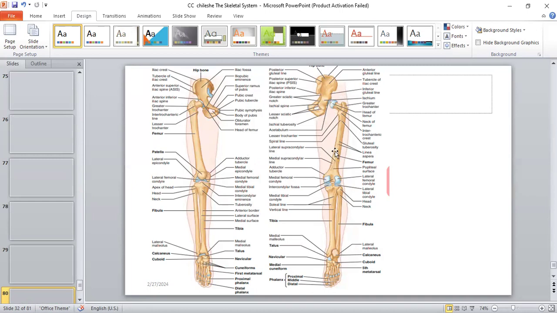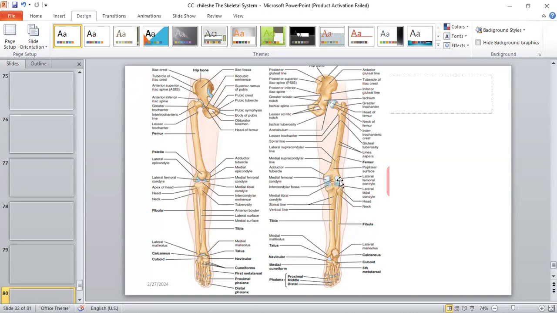When you look at the posterior aspect, it means this leg is a right leg because the head of the femur is pointing this side, and so this person is facing away from me, which tells us that this is the lateral aspect and this is the medial aspect. Because this is the lateral aspect on the outer side and this is on the inner side, this condyle here will be called the lateral condyle of the femur, and this one is going to be called the medial condyle of the femur.